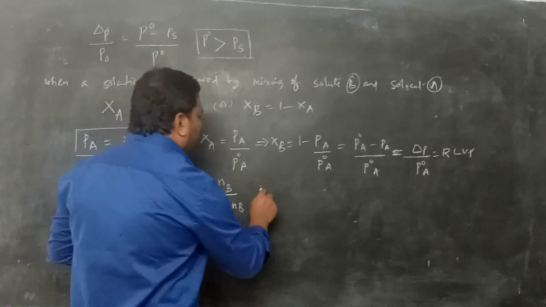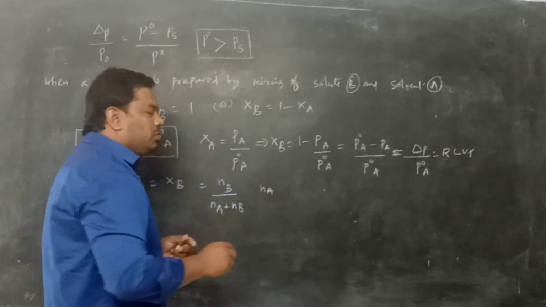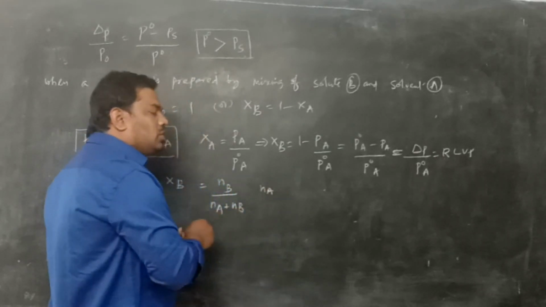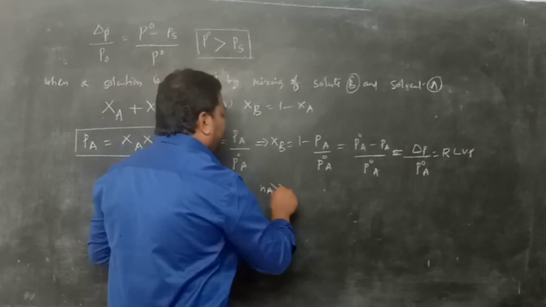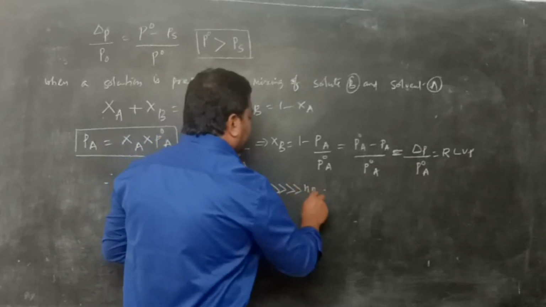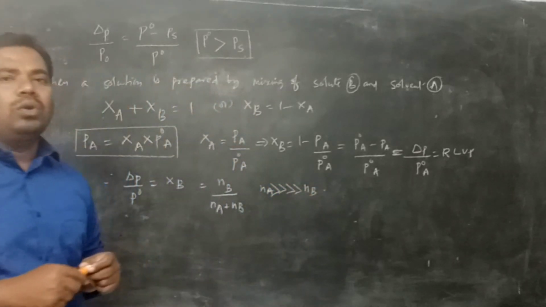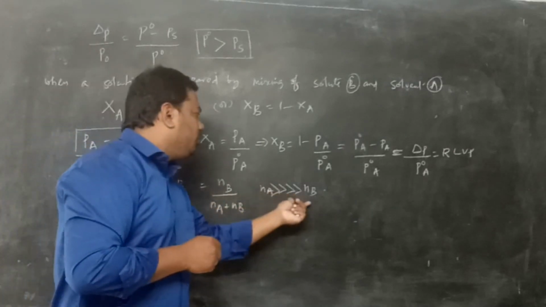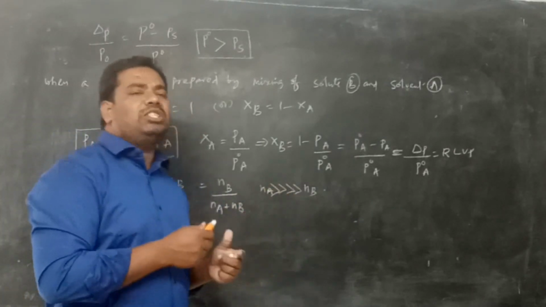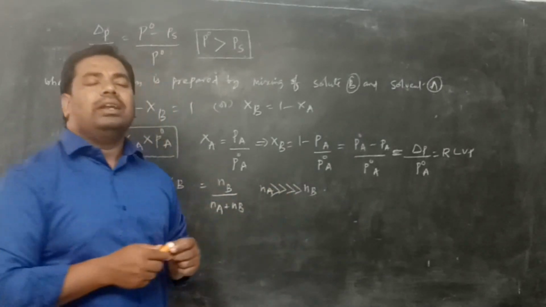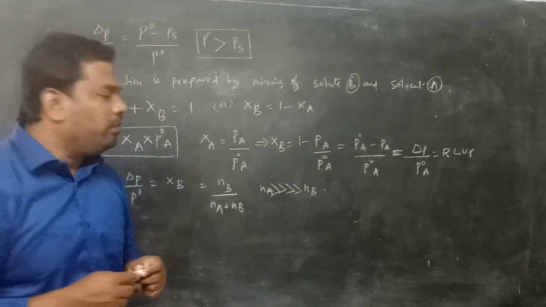So here generally for dilute solution, the number of moles of solute molecules when we compare to the solvent molecules is very less. So here the number of moles of solute molecules is negligible when we compare to the number of moles of solvent molecules.